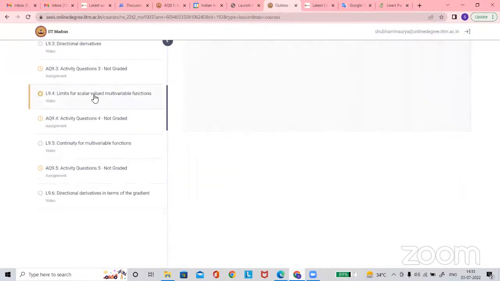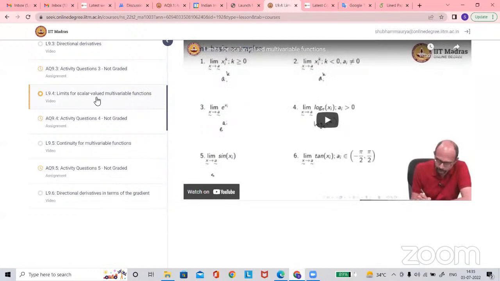Only two tools we have to find a limit of a function: either we use the sandwich theorem, or we substitute exactly, or we solve the expression or rearrange the terms and then substitute the value.